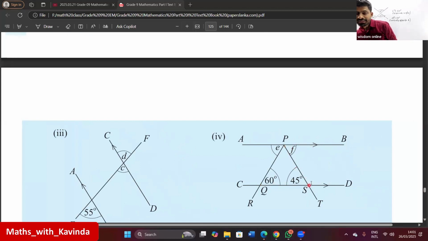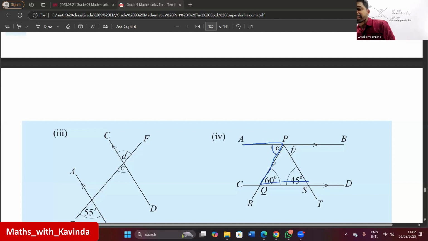The lines are parallel, so we can take alternate angles. Then F equals 45. Alternate angles. The lines are parallel, so we can take the Z letter, these 1, 2 and 3.